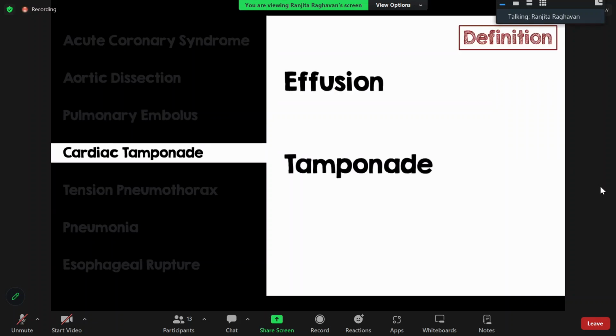Cardiac tamponade has two components, right? Having a cardiac effusion doesn't necessarily mean it's a tamponade. You can have fluid around your heart that has built up slowly over time and is not causing immediate problems for the patient. Tamponade is when it is an immediate threat and something needs to be done right away.